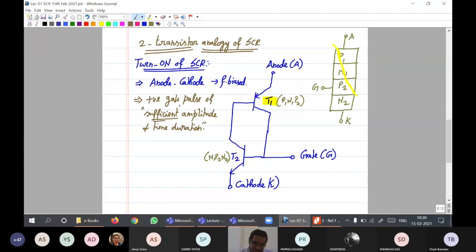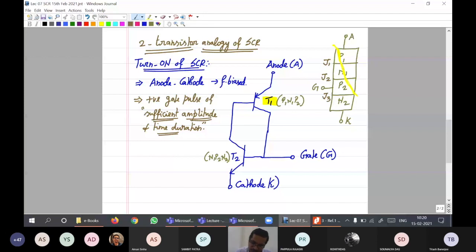The answer lies in the transistor operation. When you look at the N1, P2, N2 transistor, you have the gate here. When anode to cathode is forward biased, and if you name the junctions J1, J2, J3, then J3 and J1 will be forward biased, and J2 is going to be reverse biased if you don't do anything to the gate.